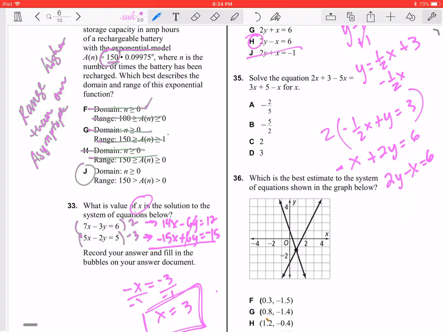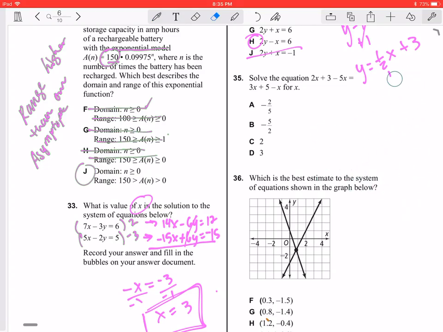Number 35, it says solve the equation 2x plus 3 minus 5x is equal to 3x plus 5 minus x. Solve for x. We don't have any x squares, so we're just simply combining like terms and solving. I have 2 terms on the left side there, so that's going to be negative 3x plus 3 is equal to, I have 2 x's here, so that's going to be 2x plus 5.